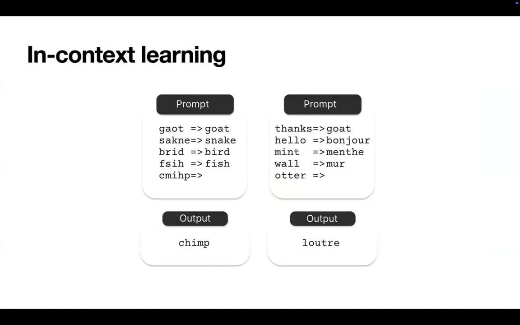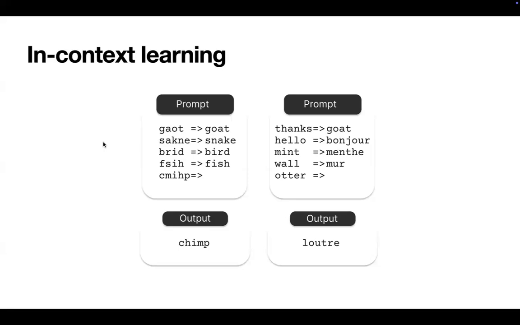Cool. One remarkable thing that LLMs can do is in-context learning. What does that mean? Here are two examples. On the left side, we consider the task of fixing typos. Here we have four in-context demonstrations: fixing the word goat, snake, bird, and fish. At the end we have a query, and we would like the model to predict the next word by performing the task.